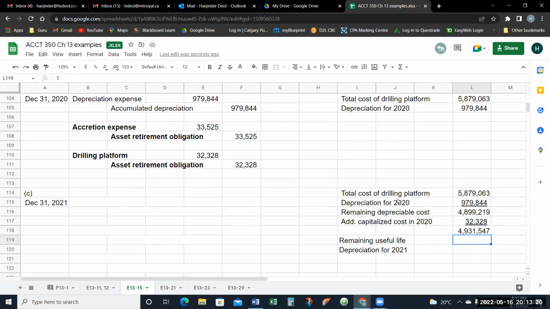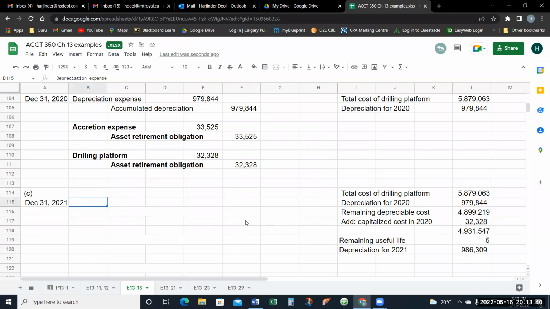Now, for the drilling platform, 1 year's useful life is over. So we're now down to 5 years remaining. Remember, the original life was 6 years. So now that you've got 5 years remaining, if you divide 4,931,000 by the 5 years remaining, we get depreciation for 2021, 986,309.